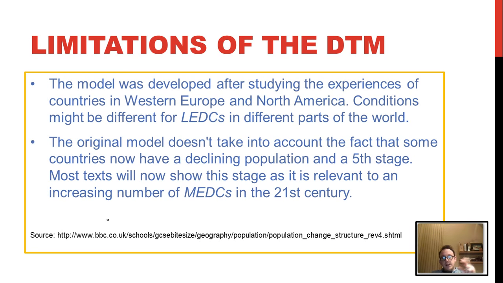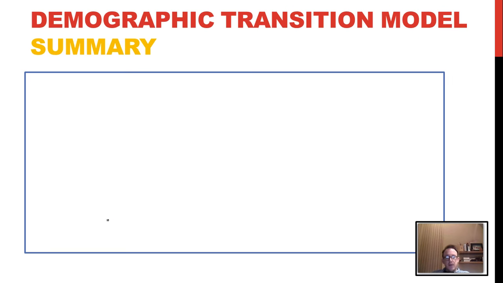And the fact that the original model doesn't take into account how countries are now declining sort of makes that last bit a little bit uncertain, if you see what I mean. And the inclusion of a stage 5 is pretty important because it starts to explain what's happening in countries like Russia, Germany and Japan.